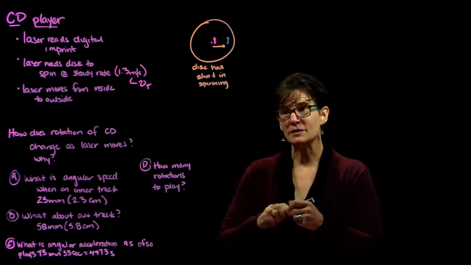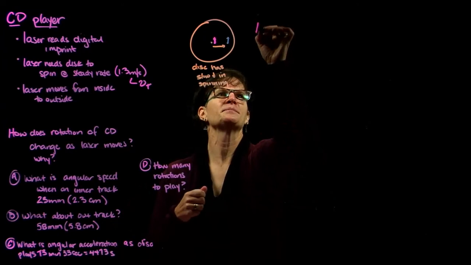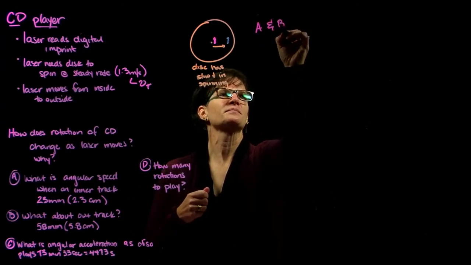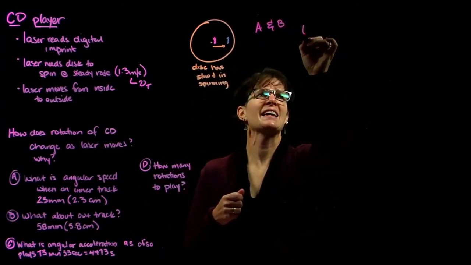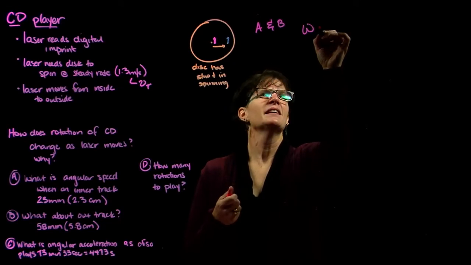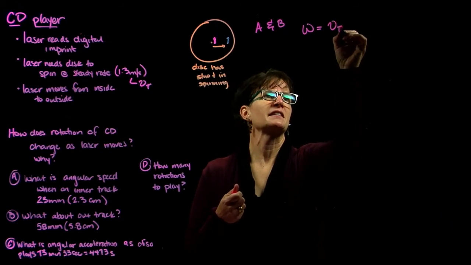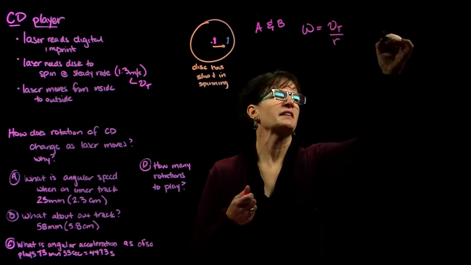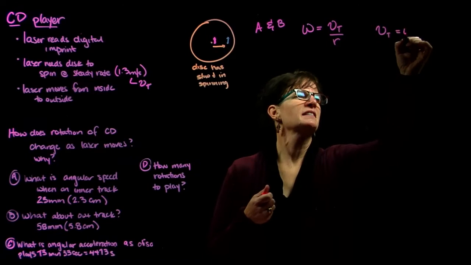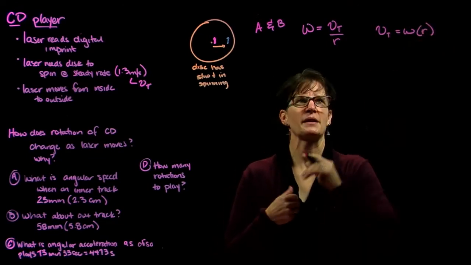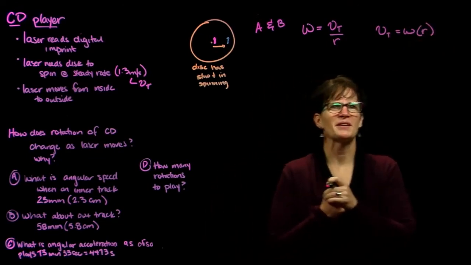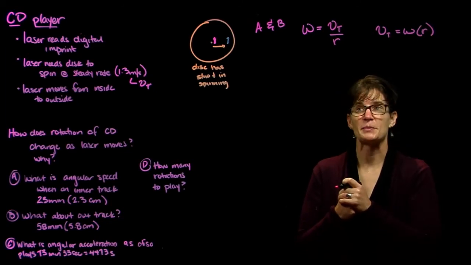We know that for parts A and B, the angular speed is equal to the tangential velocity divided by the radius. Remember, the tangential speed is equal to omega times the radius. So a little bit of algebra gives me the relationship for the angular speed.